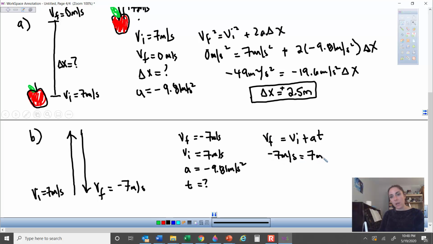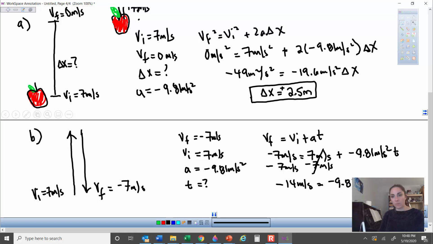Here's a red flag. The 7s do not cancel out. They look like they do because they are opposite each other, but if I'm going to solve this, I actually have to subtract 7 on both sides. That goes away, but this adds up to negative 14. Negative 9.81 times t.